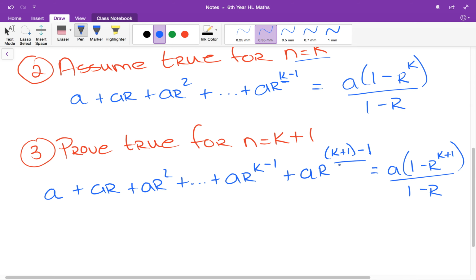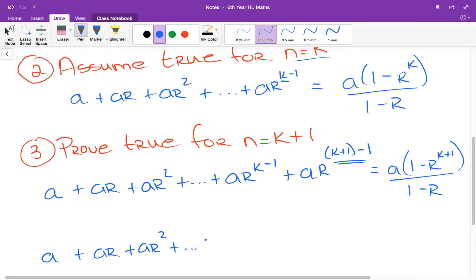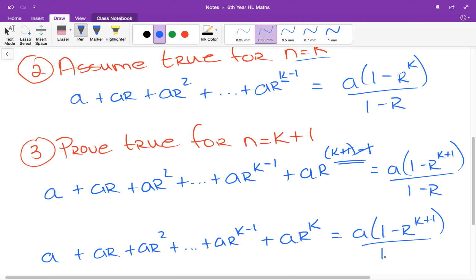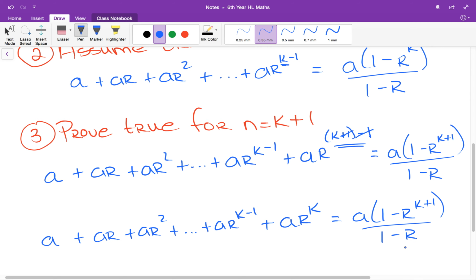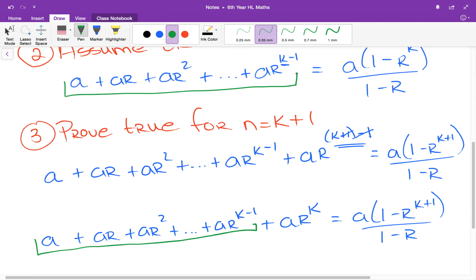So I'm literally just going to write it out again to tidy this bit up. So it's a plus ar squared plus the term where n equals k. Now this is going to become, so k plus 1 minus 1, the plus 1 and the minus 1 cancel, so it's just k. And then this is a times 1 minus r to the k plus 1 over 1 minus r. Okay, so same as last time based on the assumption. So this bit here is the same as this bit here, and this bit here is equal to this yellow box.